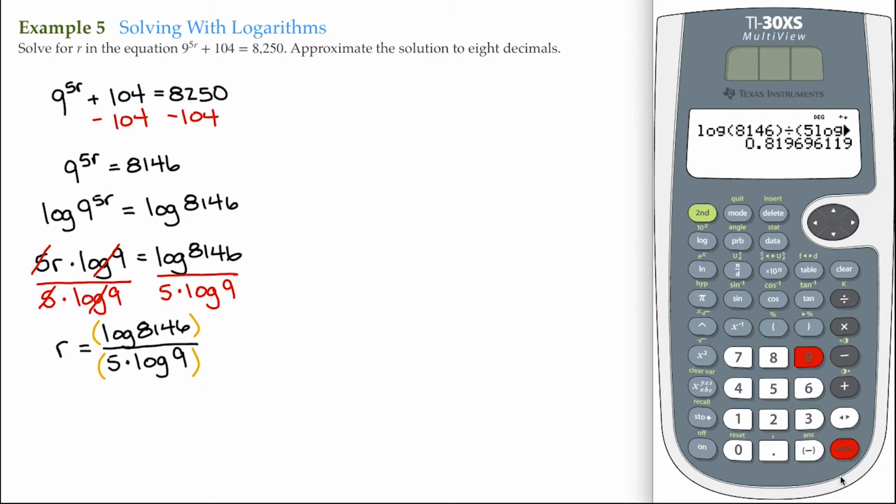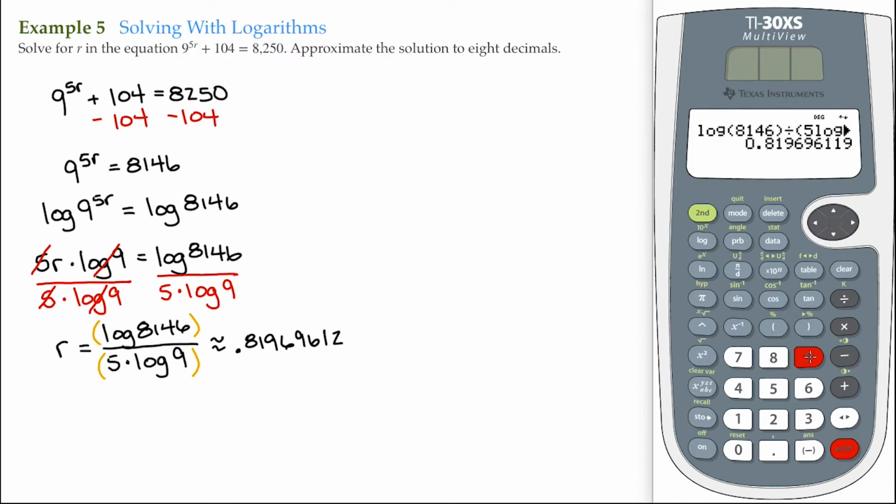Then I'll hit enter. So this is approximately equal to 0.81969612.